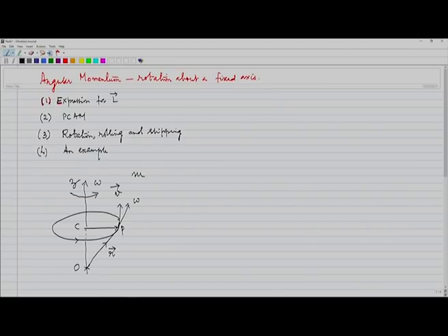So we study the angular momentum in the special case of rotation about a fixed axis. What is the general expression?